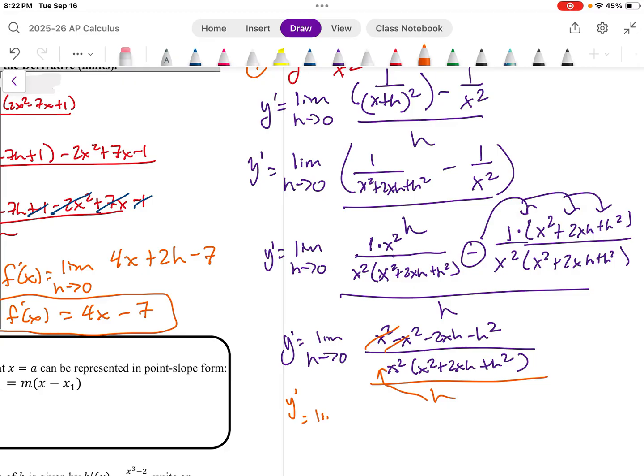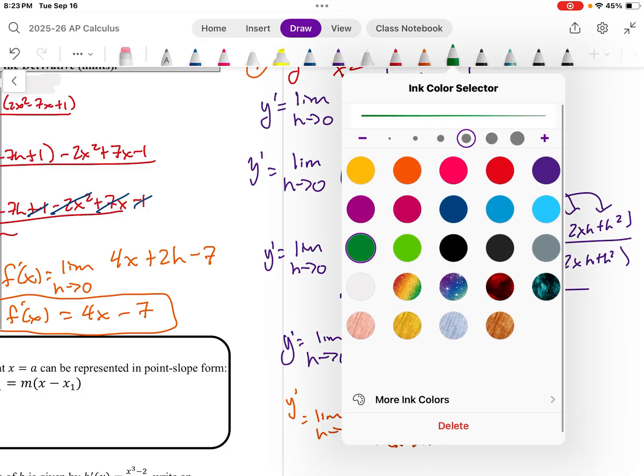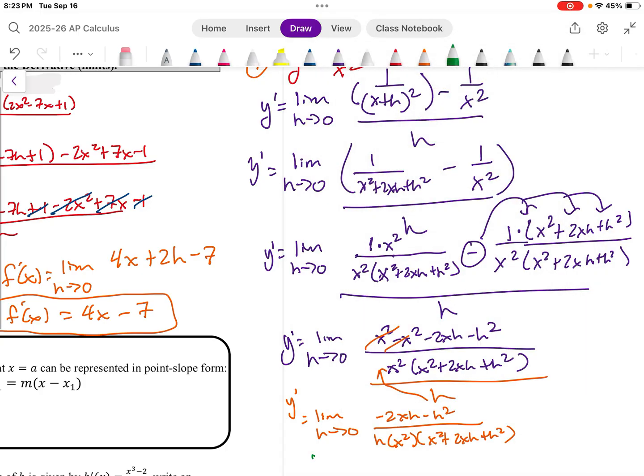So the limit as h approaches 0 of negative 2xh minus h squared over h times x squared times x squared plus 2xh plus h squared. I see that the h I just moved up to the numerator, this h will cancel one of those two h's.